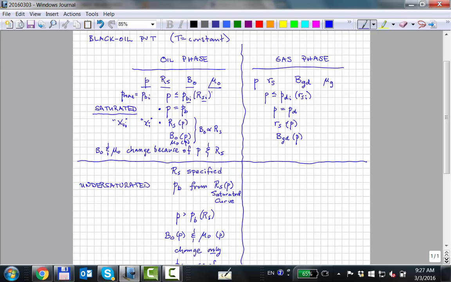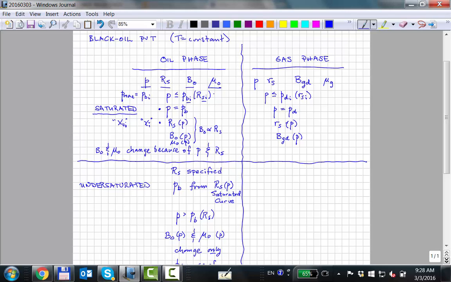Now, why did the viscosity increase as we lowered the pressure? Remember? Because you're losing the light components, methane and ethane. And the light components, when put into an oil, will tend to lower its density and lower its viscosity. It's just intuition.